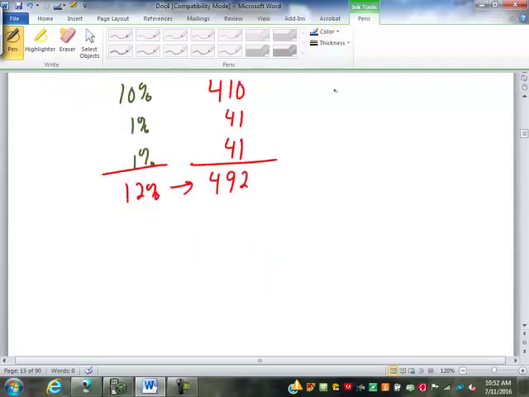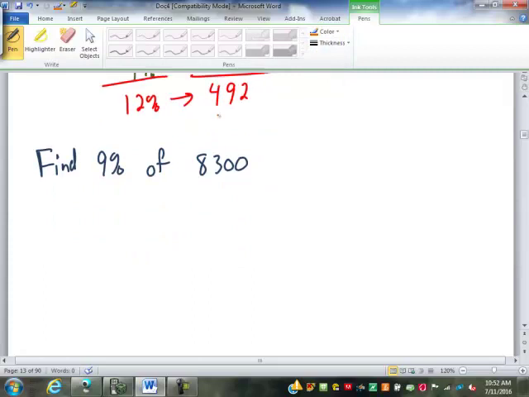Similar to something like that, I could ask you to find 9% of 8,300. Now for this one, it's a little bit different. 9% is going to be expressed as 10% minus 1%.